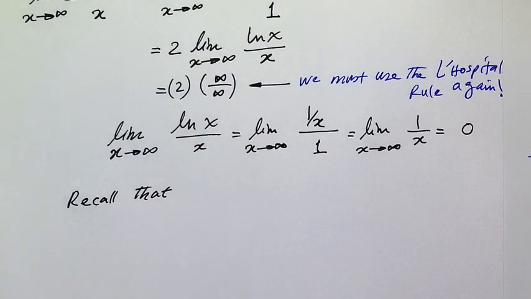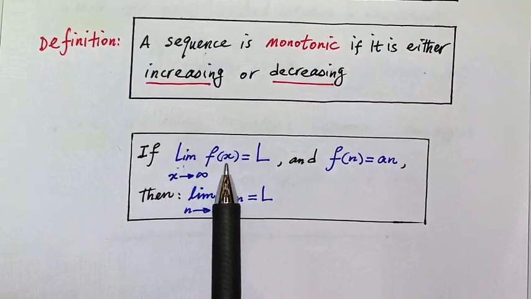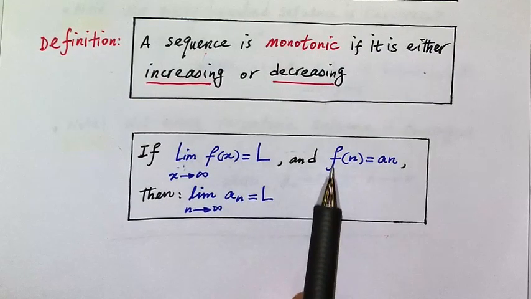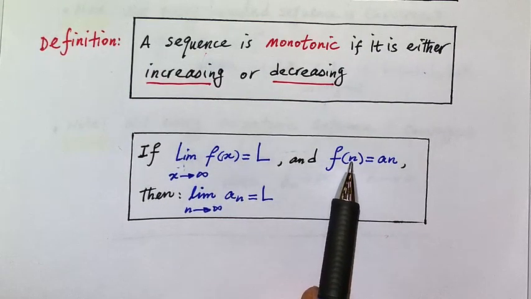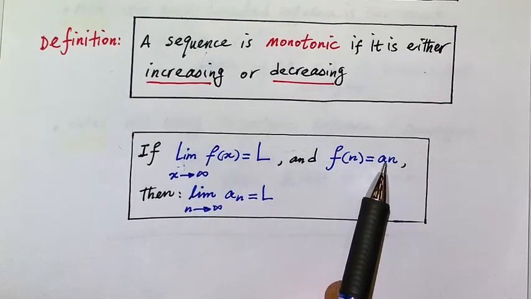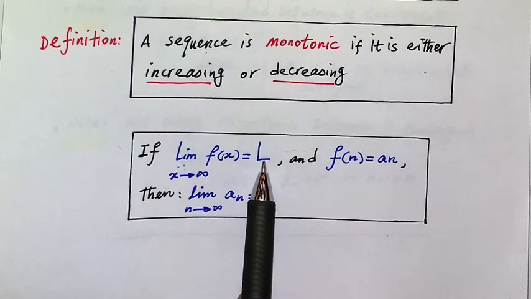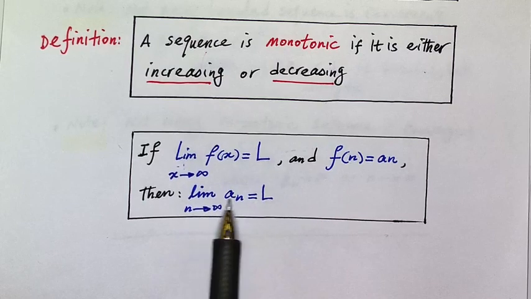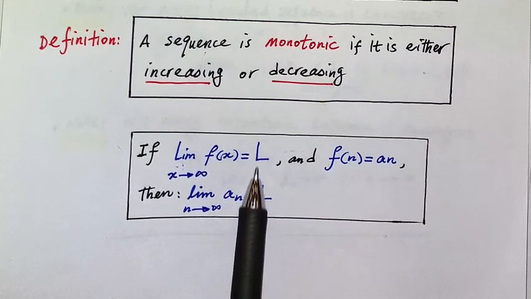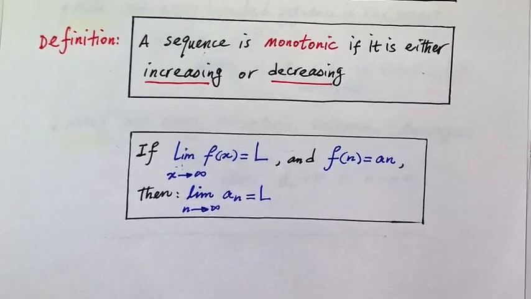So if I bring that back, we had this identity that if the limit of a function equals L, and the function evaluated at n, so if you replace the x with n, you get the sequence, and the function as x goes to infinity has a limit equal to L, then the limit of the sequence as n goes to infinity equals the limit of the function. Okay, so we're going to make use of this.